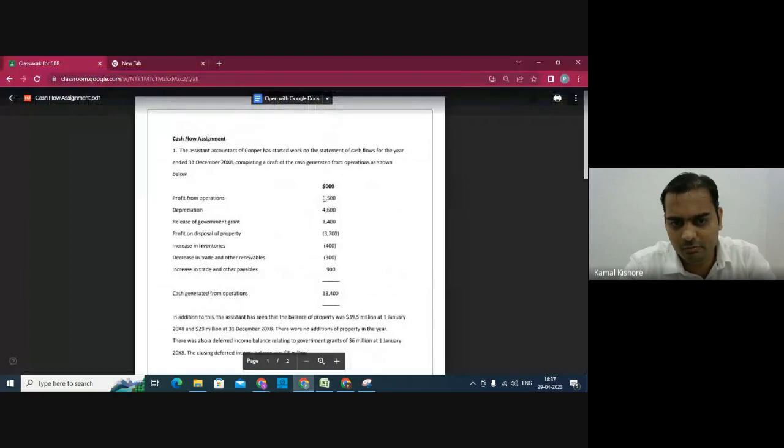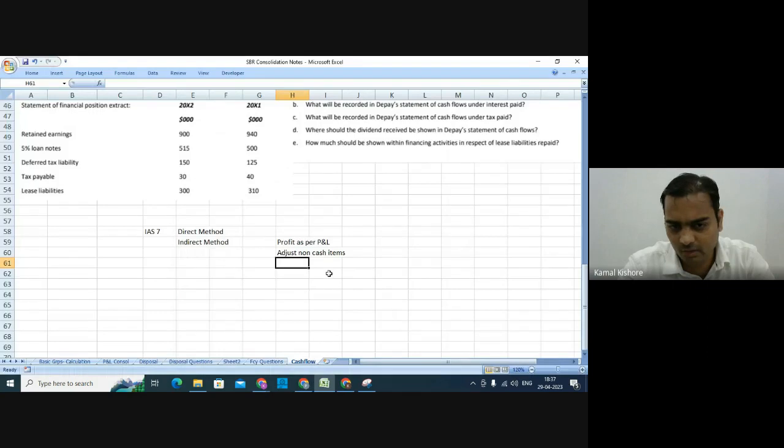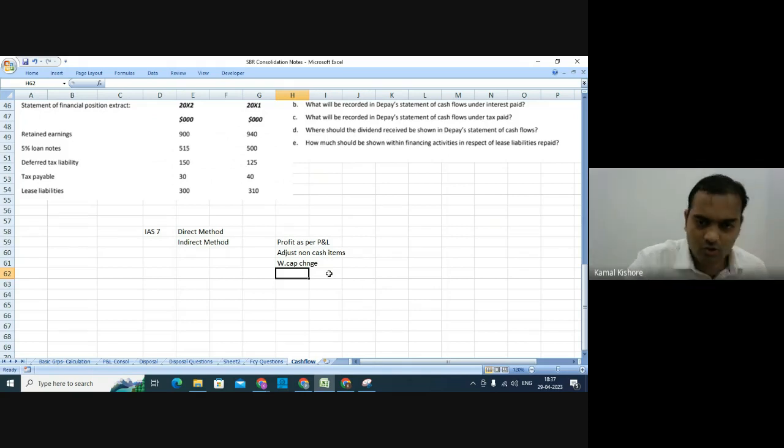Then working capital changes, basically increase in inventory, decrease in payables and all those things. This effectively becomes cash flow from operations.